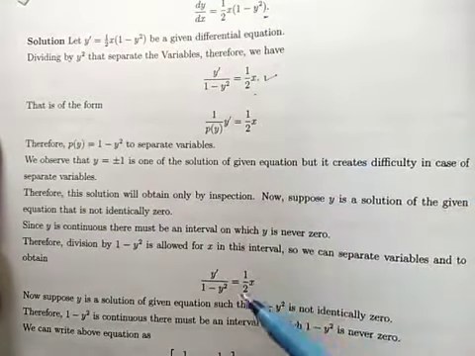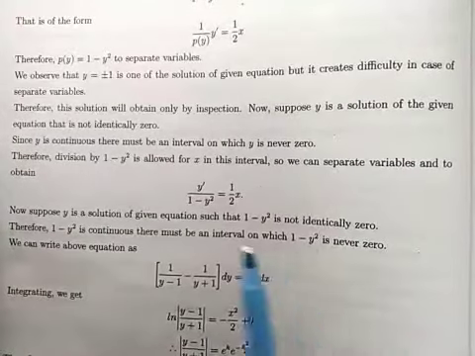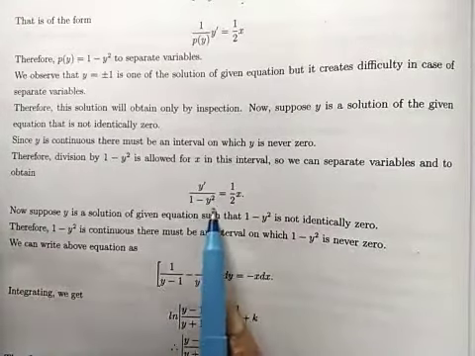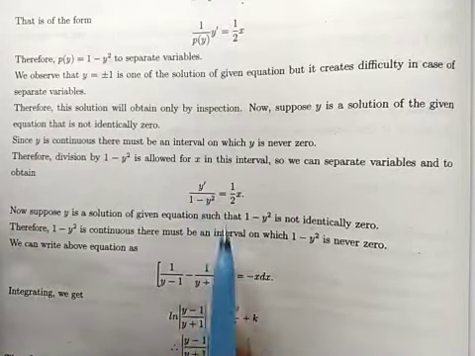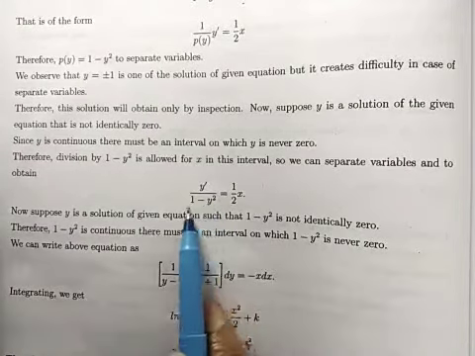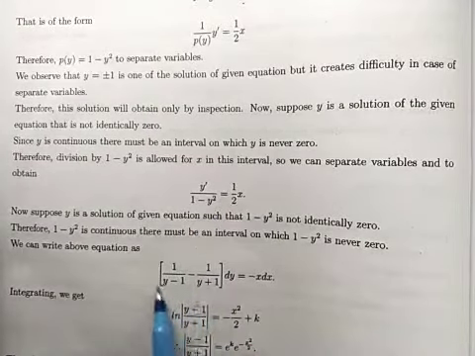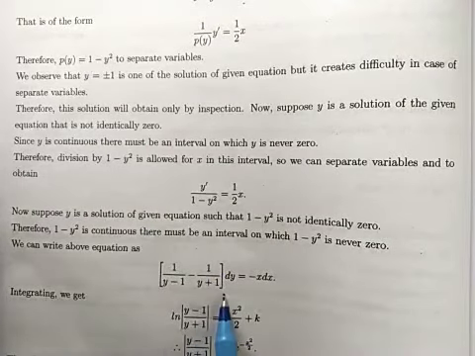So this equation we write again here. Now this equation can be written as, y dash means dy upon dx. We keep dy here and shift dx to the right hand side, and 1 upon 1 minus y square can be written in this form, 1 upon y minus 1 minus 1 upon y plus 1.